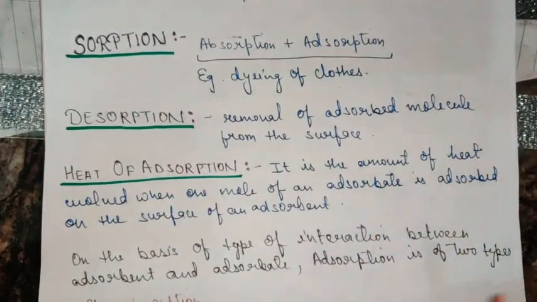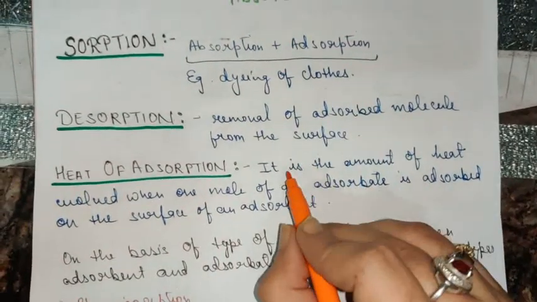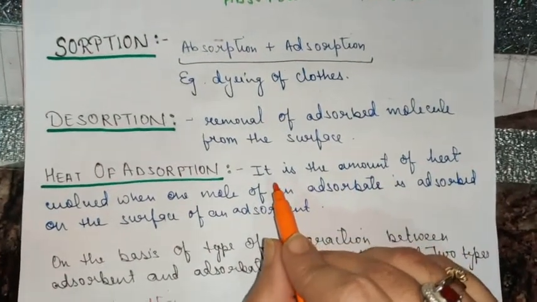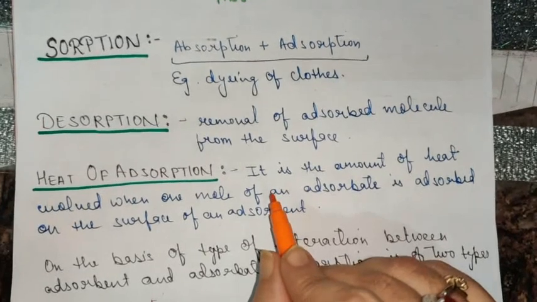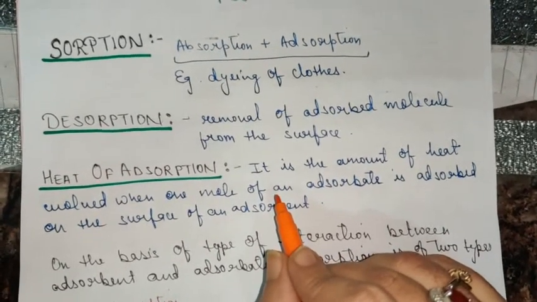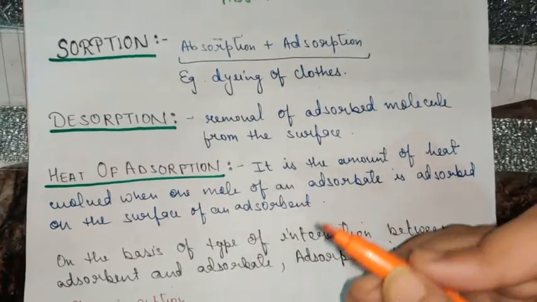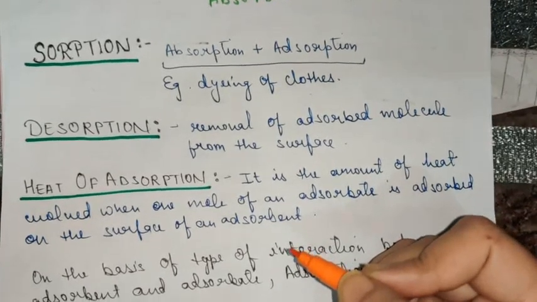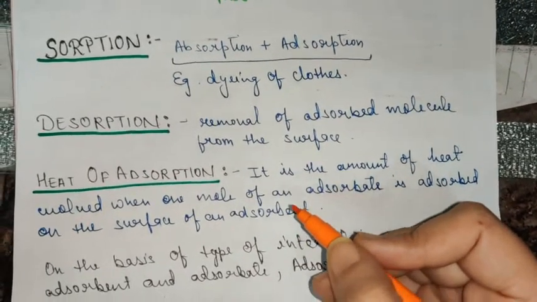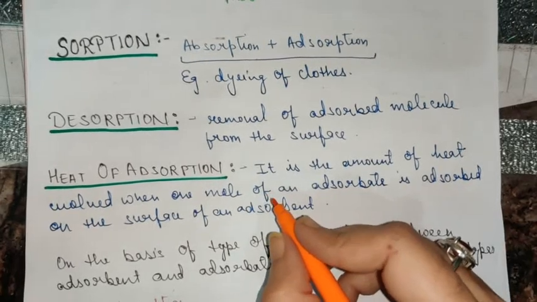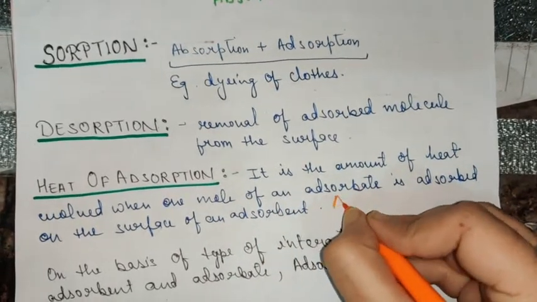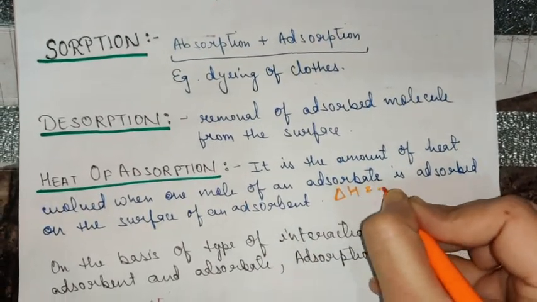Now what is heat of adsorption? As I told you, adsorption is an exothermic process, because it occurs due to attractive interactions, and attractive interactions are always exothermic in nature. That is, their delta H value is negative.